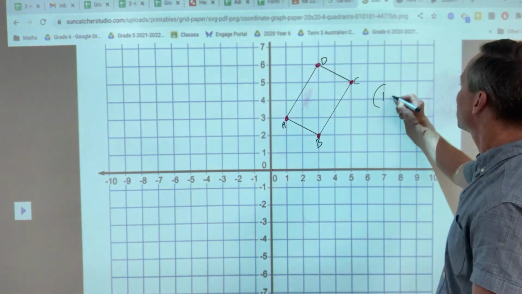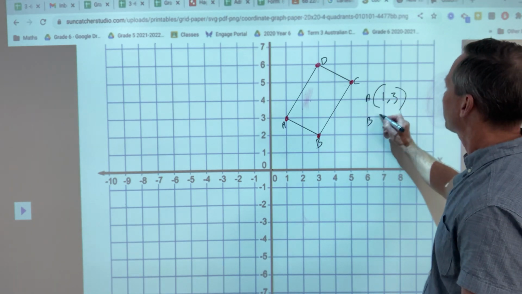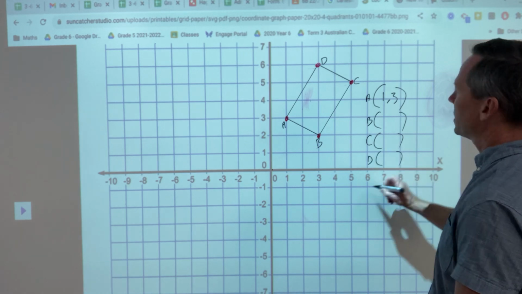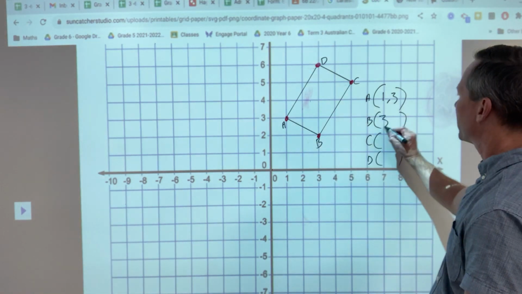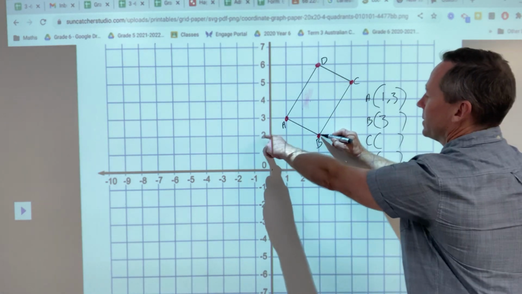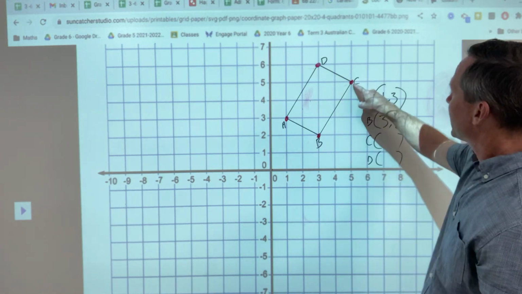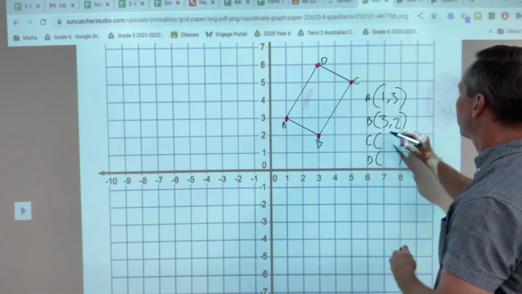So my first coordinate is 1, 3. So that's A. B, C and D, same deal. So B, come across, and it's 3. I go up, it's 2. So it's all positive at the moment. C, it's 5, 5.